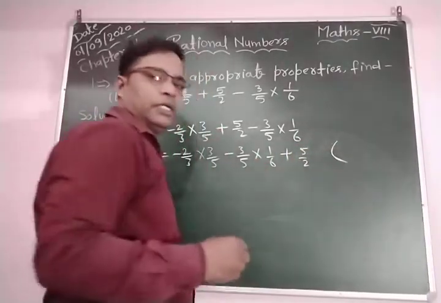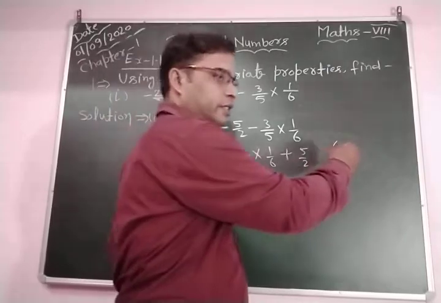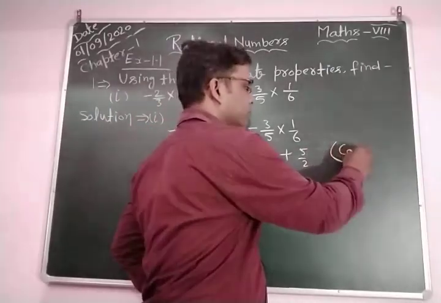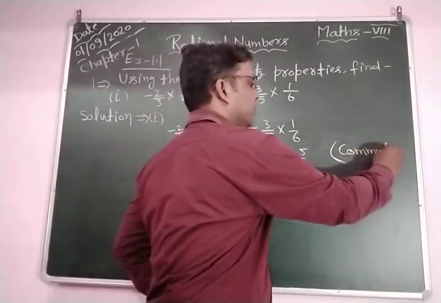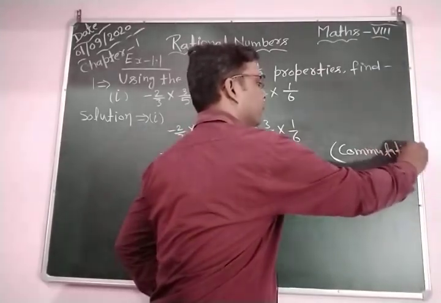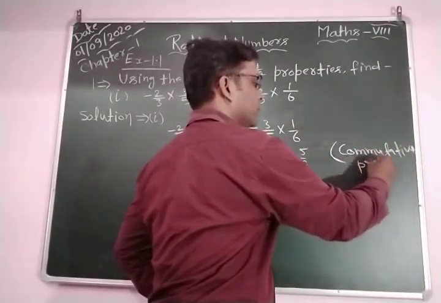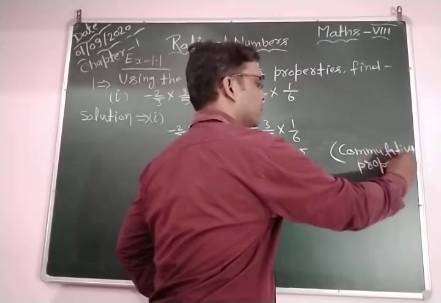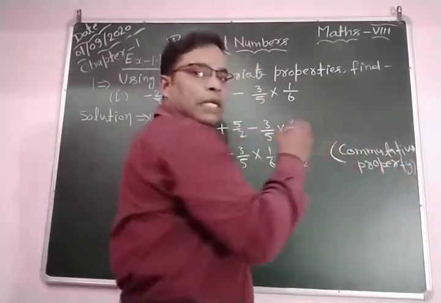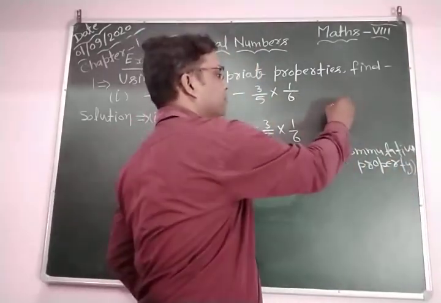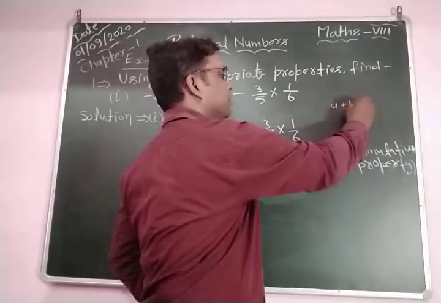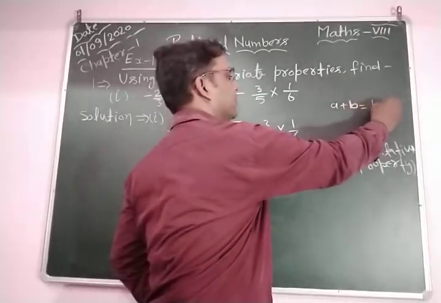Which property do we use here? The commutative property. What is the commutative property? a plus b is equal to b plus a.